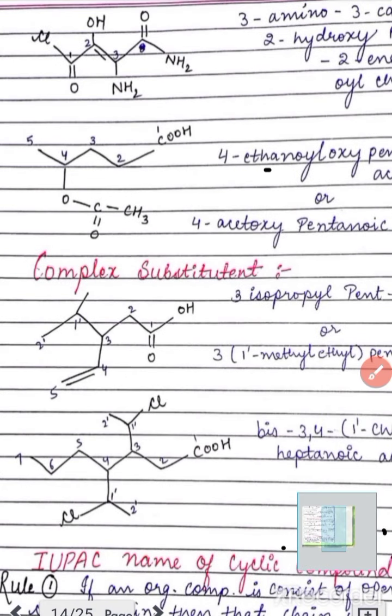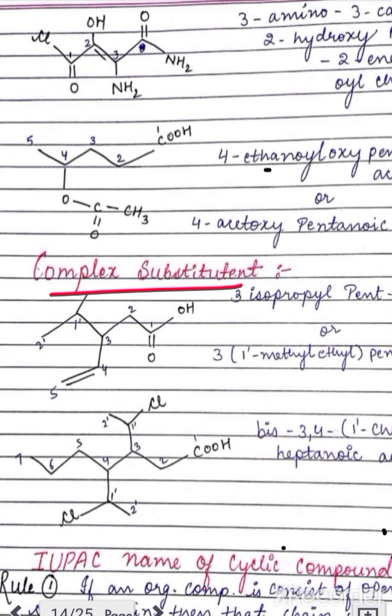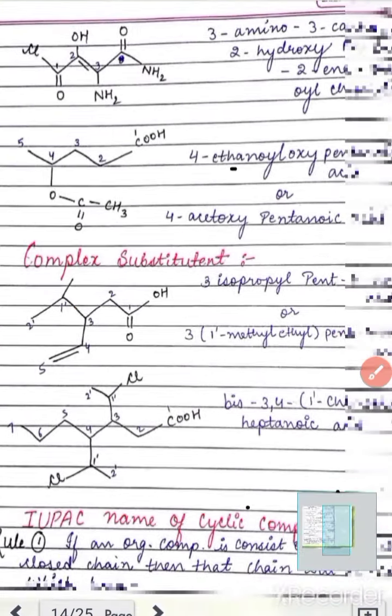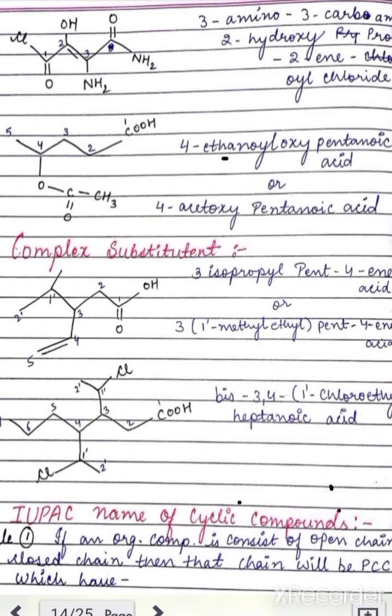Now in our next topic we have complex substituents, meaning these types of substituents, where the substituent also has more branches. So let us look at the first example of this. Here this will be our main parent carbon chain, including the multiple bond and the functional group.